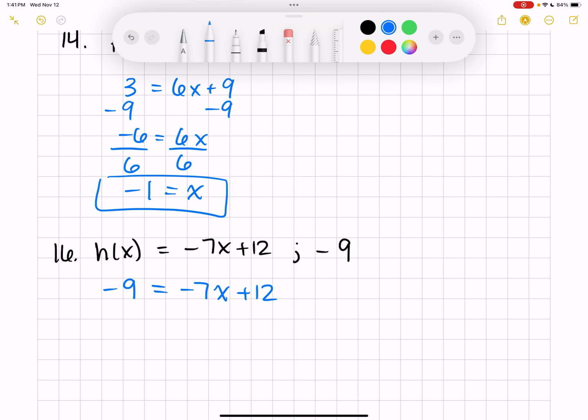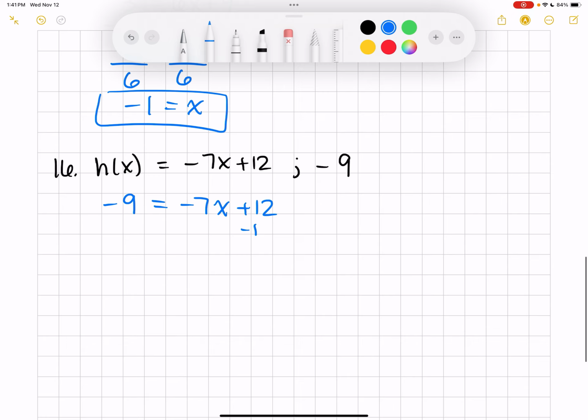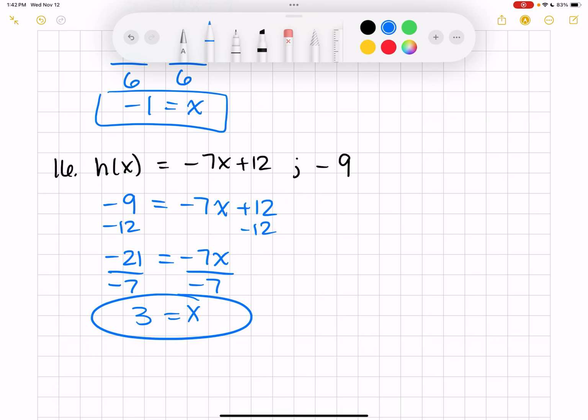So what do I do first? Subtract 12. So I've got -21 is equal to -7x. Now what? Divide by -7. So x equals? Yep, x equals +3.